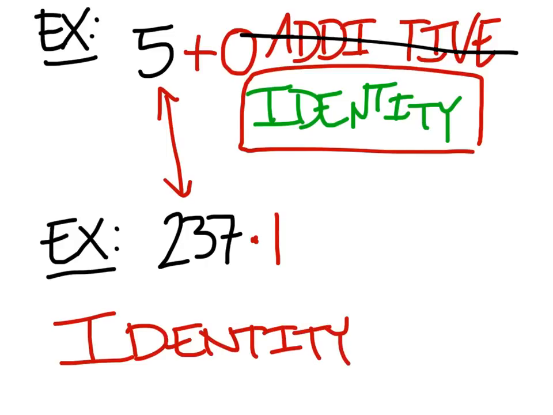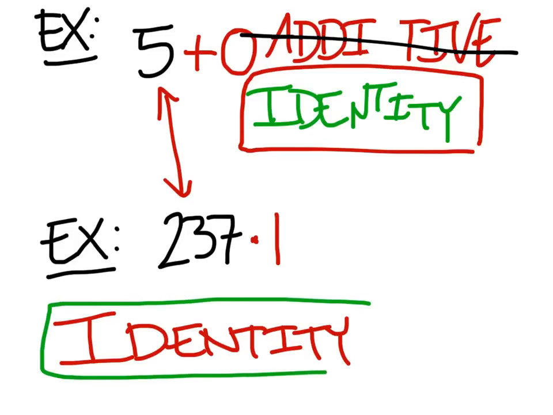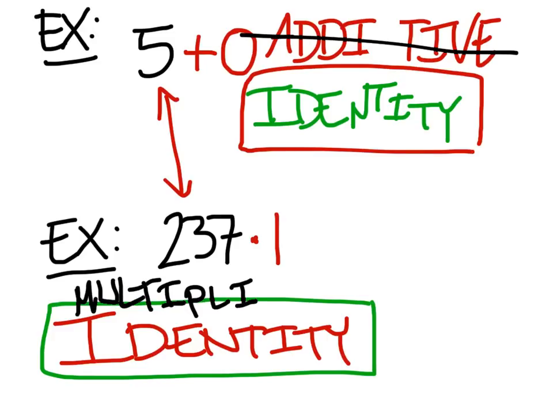But, of course, we have to make it more complicated than it really is. It's technically called the multiplicative identity.